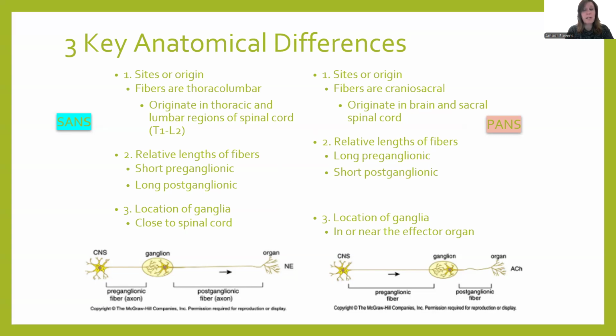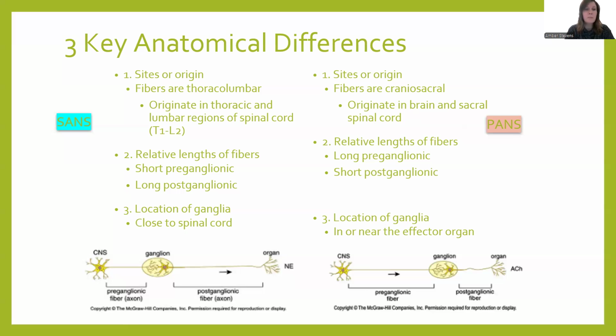PANS comes from the craniosacral region, so the brain and the sacral spinal cord, right? The top of the spinal cord to the bottom of the spinal cord, basically. Fiber lengths: SANS has very short preganglionic fibers but very long postganglionic fibers, whereas PANS has long preganglionic and short postganglionic fibers.